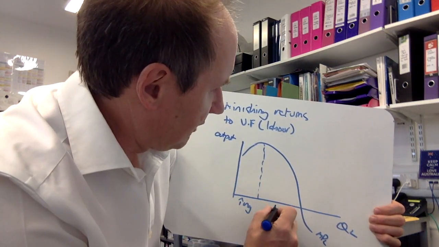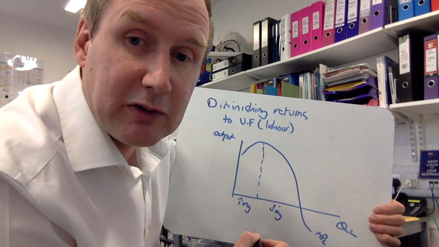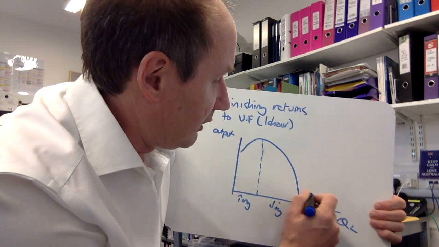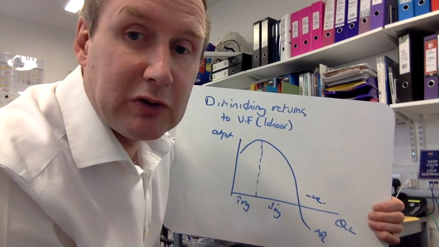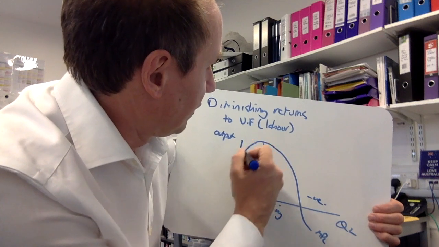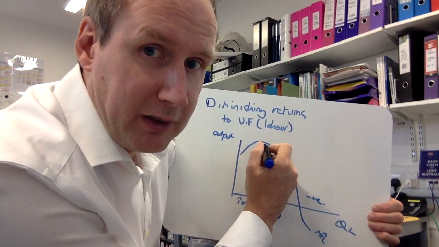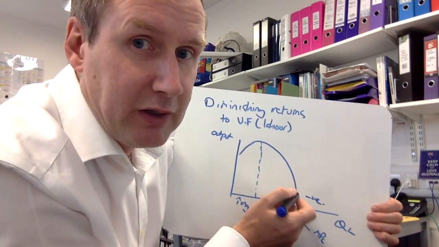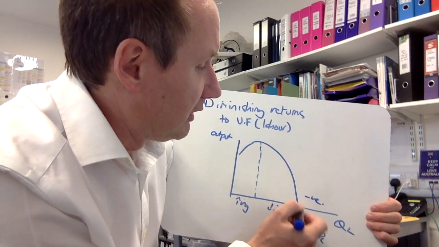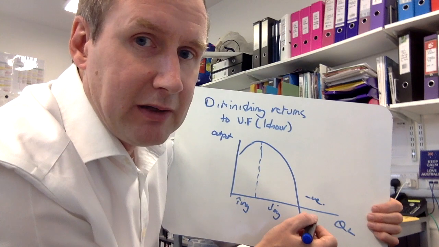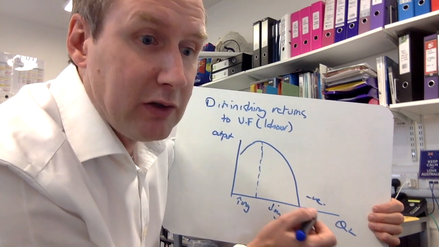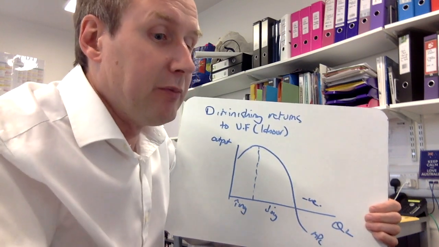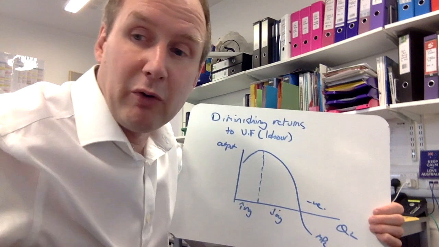Beyond that, we have diminishing returns to the variable factor, and eventually we have negative returns. So here, total product is rising more quickly. Here, because marginal product is still positive, total product is rising more slowly. And finally here, because marginal product is negative, total product is actually falling. So no firm would ever operate in that bit.